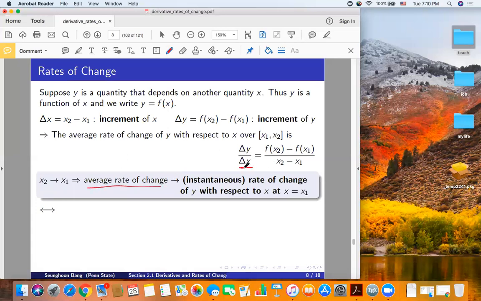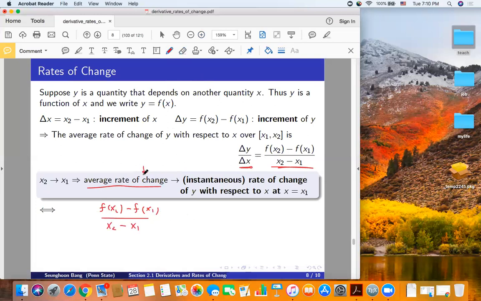It is f of x2 minus f of x1 over x2 minus x1.